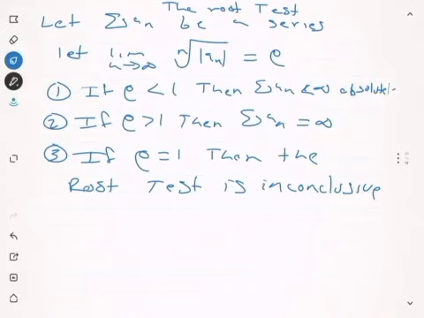And let's take a look at the following two examples. So suppose we wanted to know if this series converges or diverges. n squared divided by 2 to the n. The root test goes like this.